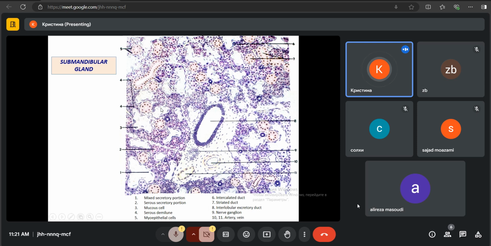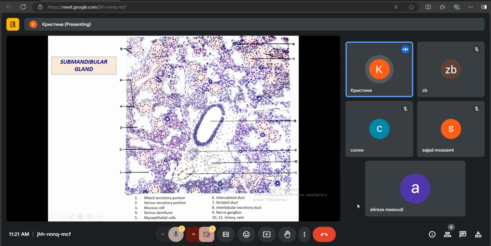So these are two kinds of secretory portions. And now about the ducts. The smallest duct is the intercalated duct. It looks like a small group of small nuclei of the cells. This is it here. Here is also an intercalated duct, and here an intercalated duct. Intercalated ducts then pass into striated ducts.